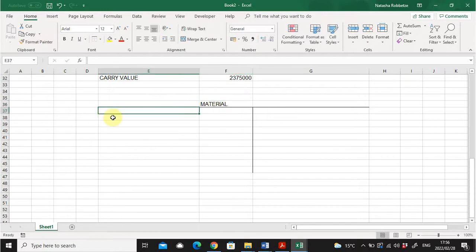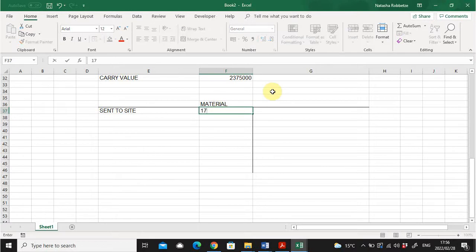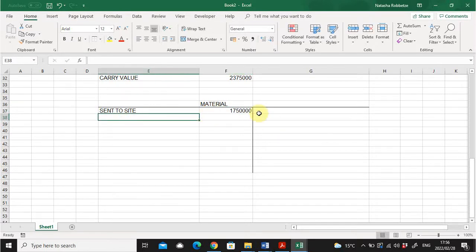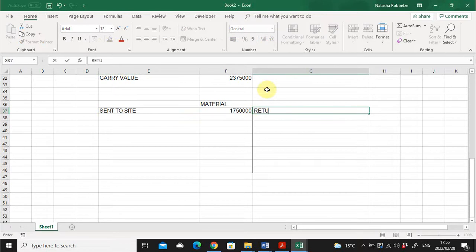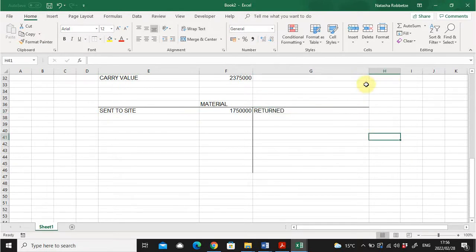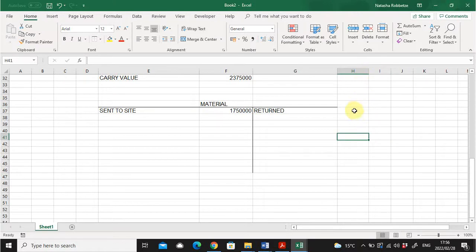And then the first thing that we have that relates to material was the sent to the site. And that amount of material was 1,750,000. Then we had some materials returned. So I'm just doing this T account now as a calculation so that you can understand where the amounts came from. I saw that if I just explain add this minus this, then students do not understand.